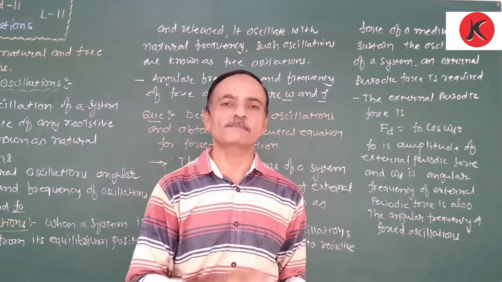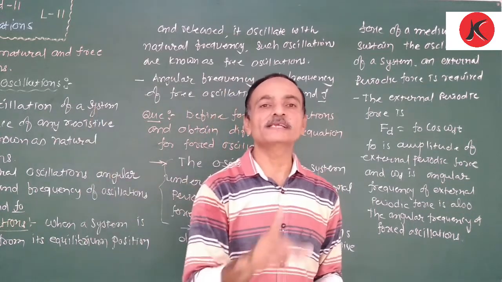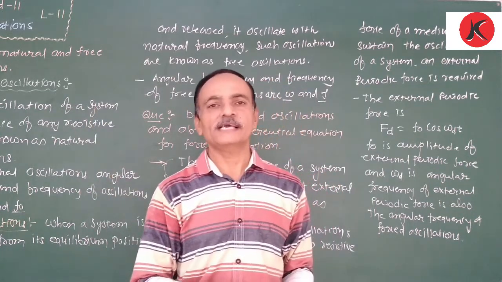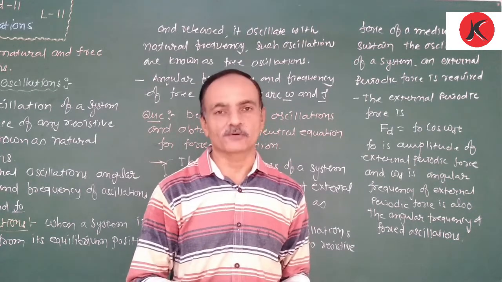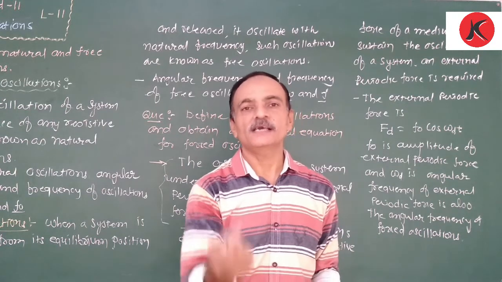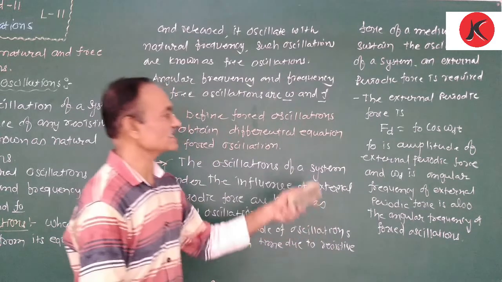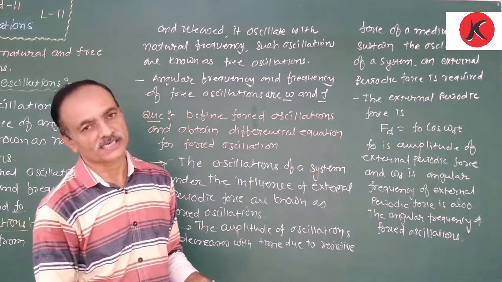This force is applied at regular intervals of time, therefore it is known as the external periodic force. So the oscillation of a swing due to the external force applied by our leg is known as forced oscillation.